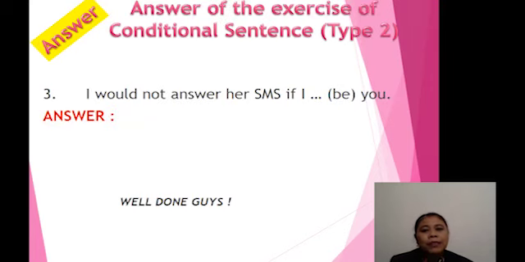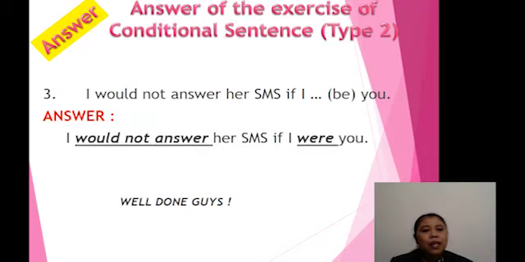I would not answer her SMS if I be you. The answer is, I would not answer her SMS if I were you. So the second to be used for if clause here is were. Remember, were is always used for the conditional sentence type 2 for all subjects. Yeah, you still remember. Very good.